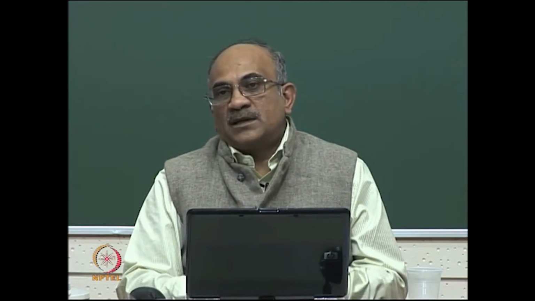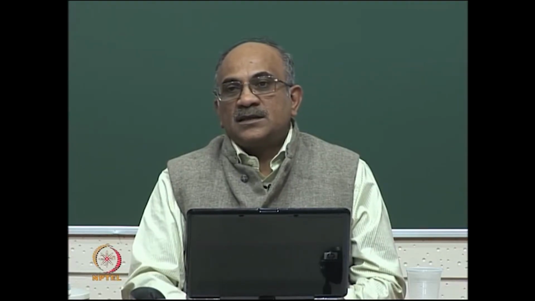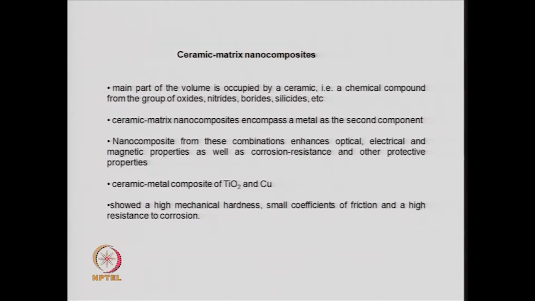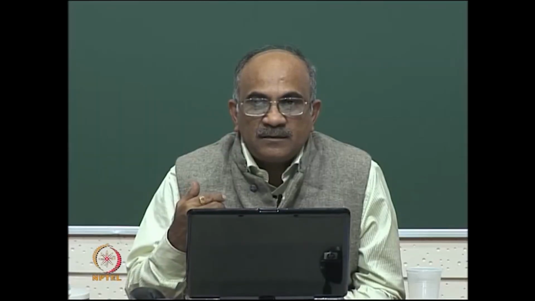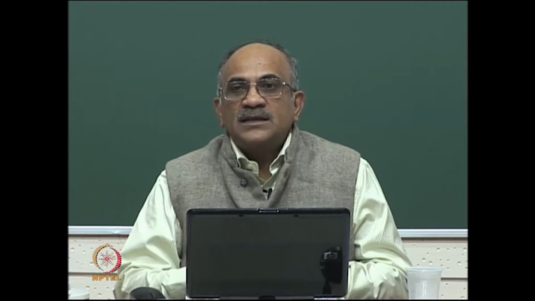So, it may be corrosion resistance or scratch resistance or optical efficiency, the intensity of some light which is being transmitted. There is always an enhancement of these properties when you optimally choose the metal nanoparticles with the right kind of matrix, which is a ceramic.